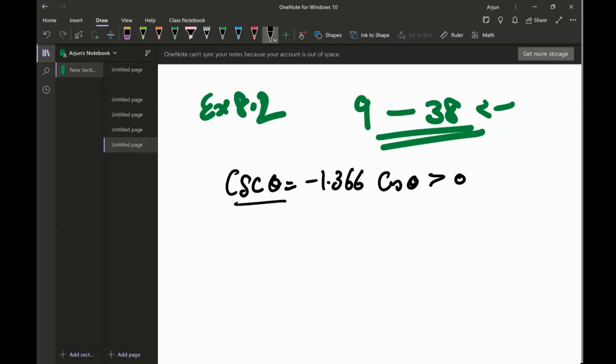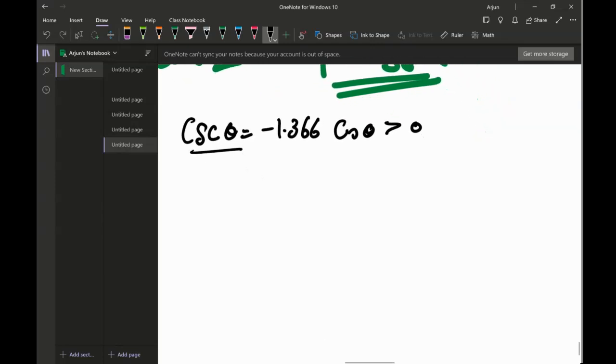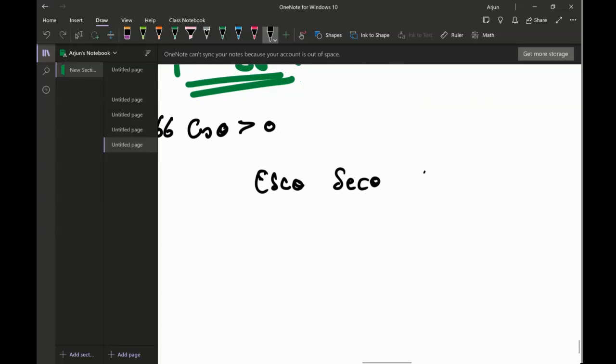So cosecant theta. We didn't talk about these ratios, so I'll talk about cosecant also. Cosecant theta, secant theta, and cot theta.